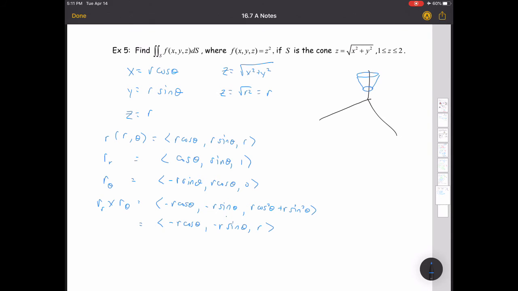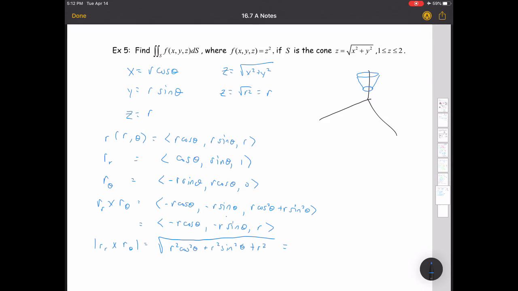Okay, we need the magnitude of r sub r cross r sub theta. Magnitude is each piece squared underneath the square root added together. So the first one is going to be r squared cosine squared theta. The next one is going to be r squared sine squared theta plus r squared.